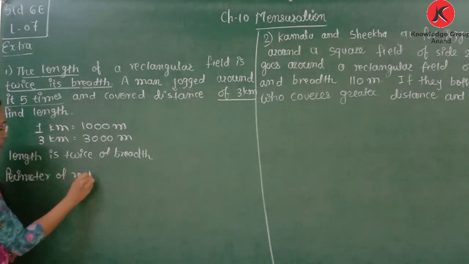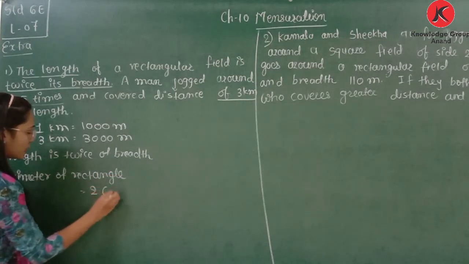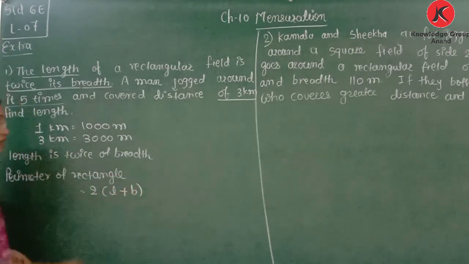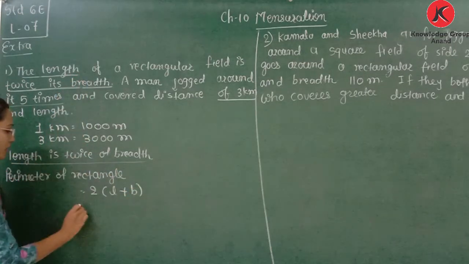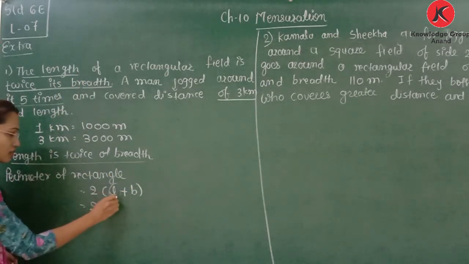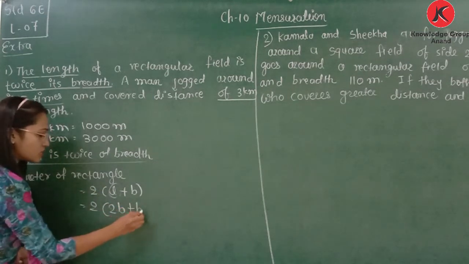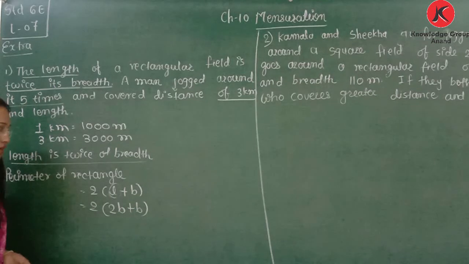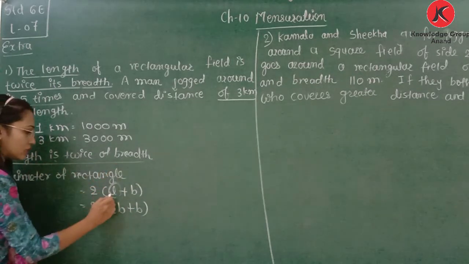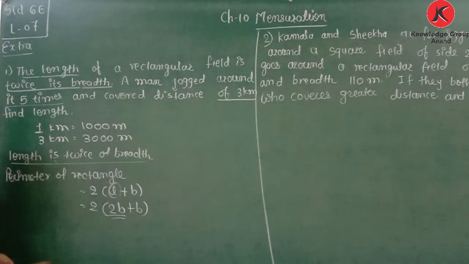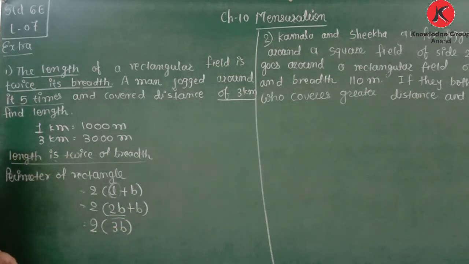Perimeter of a rectangle is 2 inside the bracket, length plus breadth. But the statement says the length is twice the breadth, so we can write the length as 2b, plus b. Clear? That's why the length is 2b, and 2b plus b is 3b.